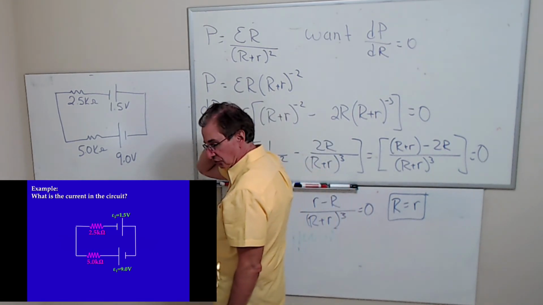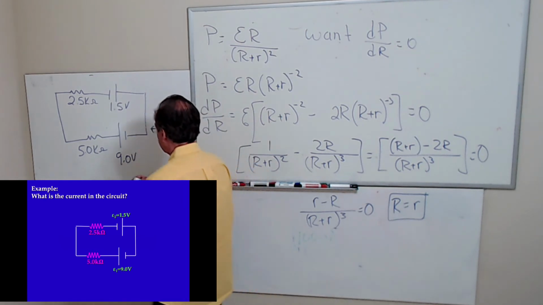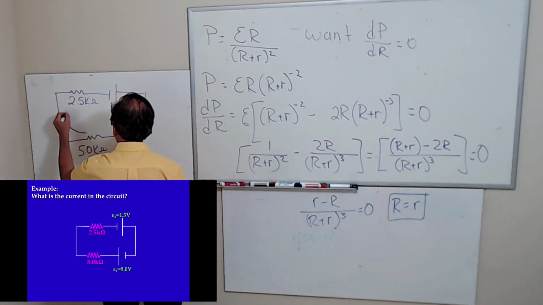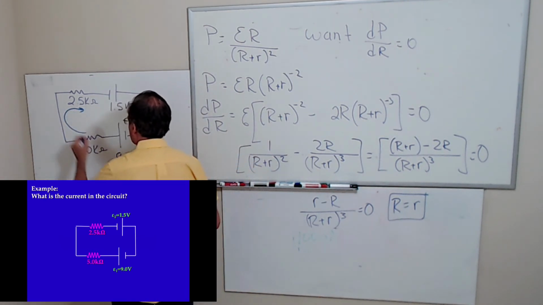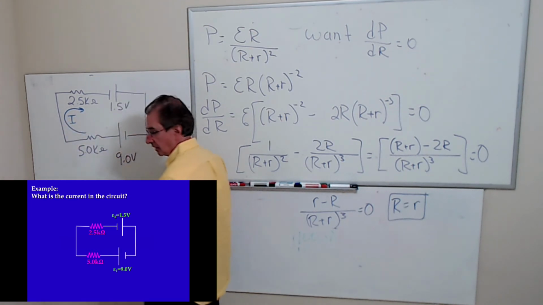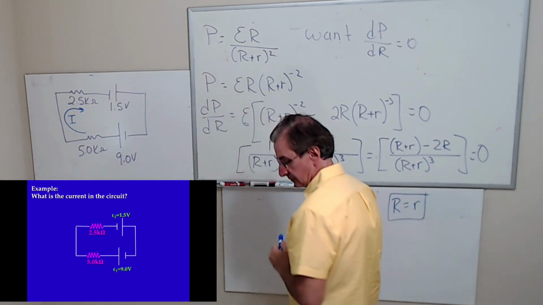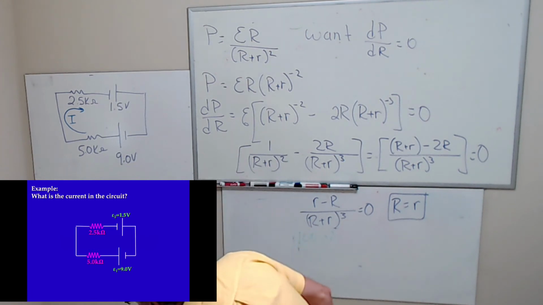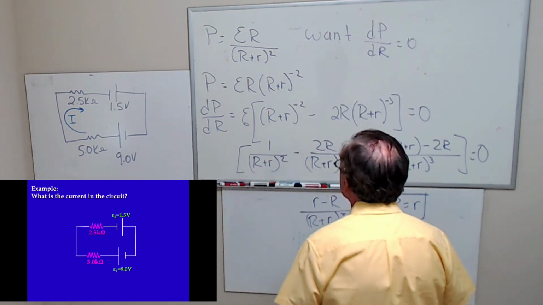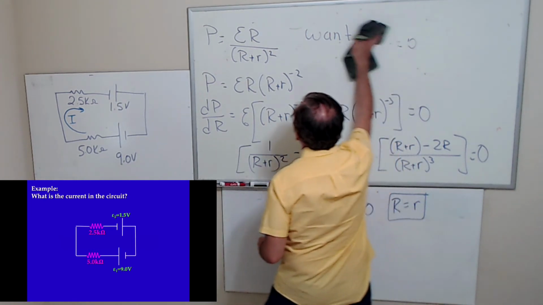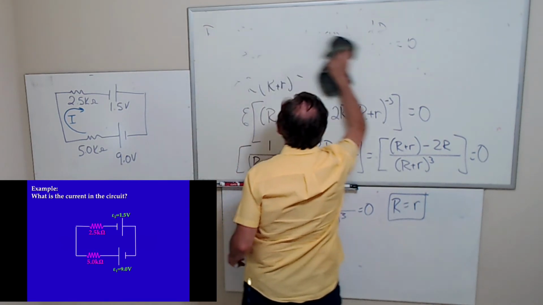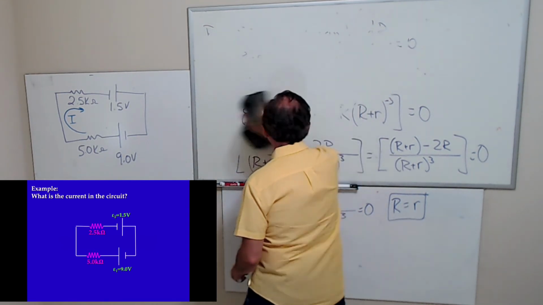So I'm going to assume that the current is clockwise. If I'm wrong, then when I solve my problem, I'll just get a minus sign. That's no big deal. And what I'm going to do is sum voltage drops.